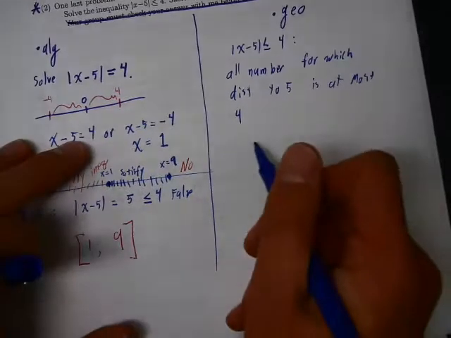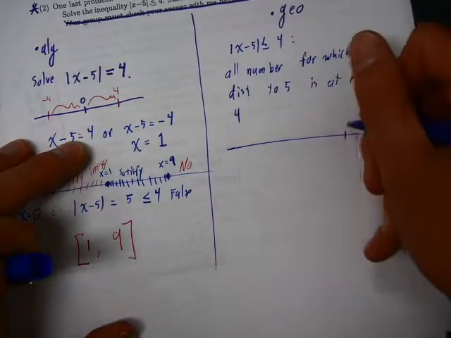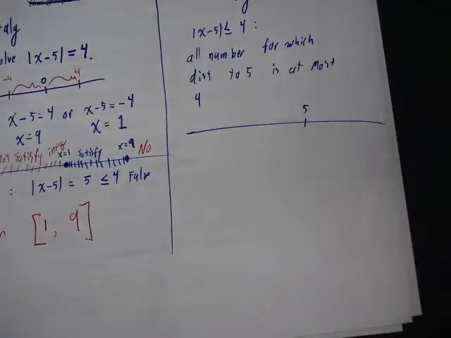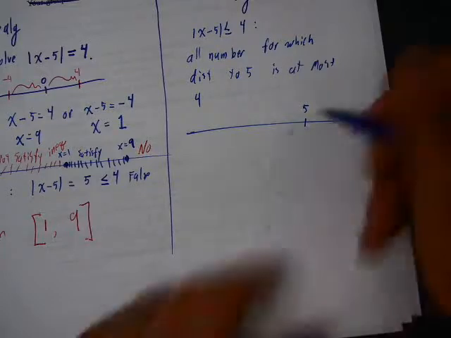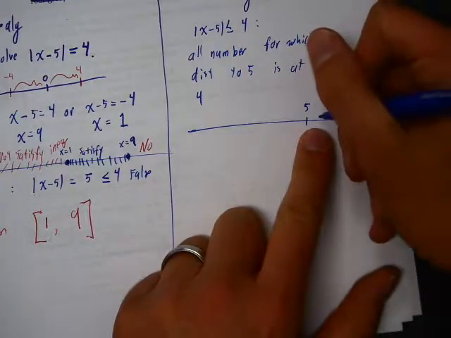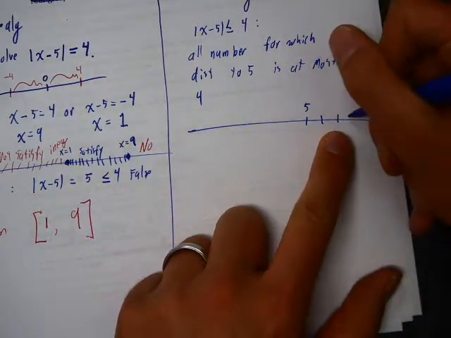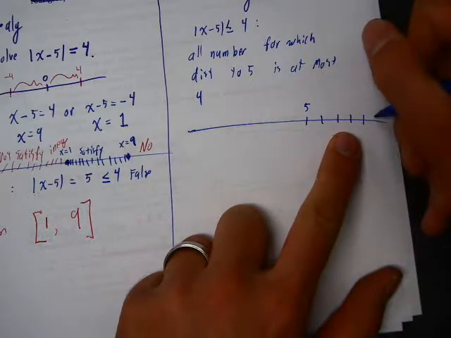So let's just straight up draw a number line. There's 5. I want all the numbers that are a distance of at most 4 from 5. So how far to the right can you go before the distance becomes bigger than 4? Well, let's just go to the right 4. 5, 6, 7, 8, 9, 10.